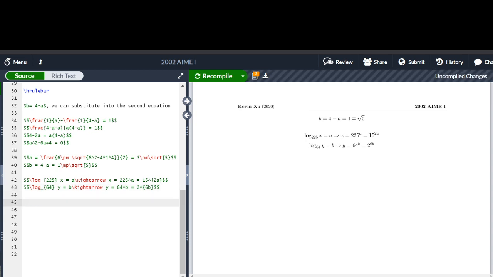We want to define logarithm base 30 of x1, y1, x2, y2.